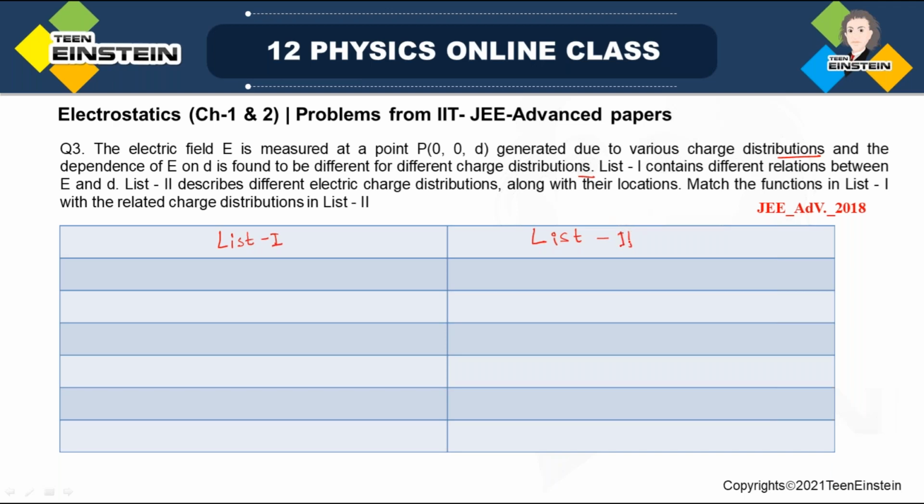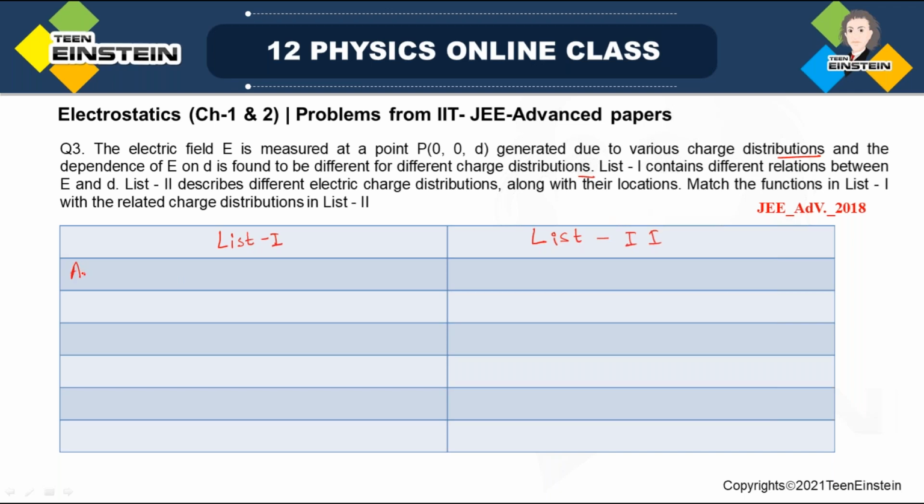I have two lists where in the first list the relation between the electric field and the distance is given, and in the second list the details of the charge distribution will be given. I'll write each of them, then it will be very clear to you.